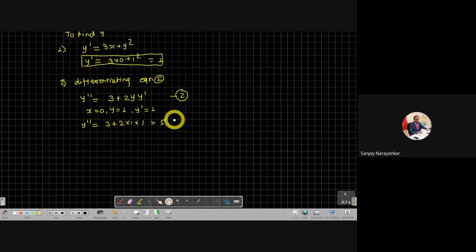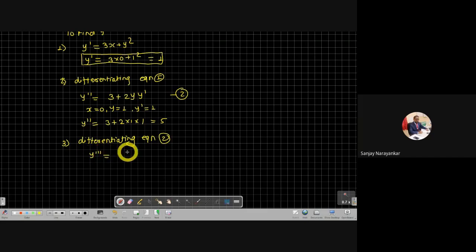Similarly, now one by one, up to 4 terms of the Taylor series, you have to find all these values. Now third, what do we want? Y triple dash. So what we are doing? Differentiating equation number 2. So what we are getting? Y triple dash.